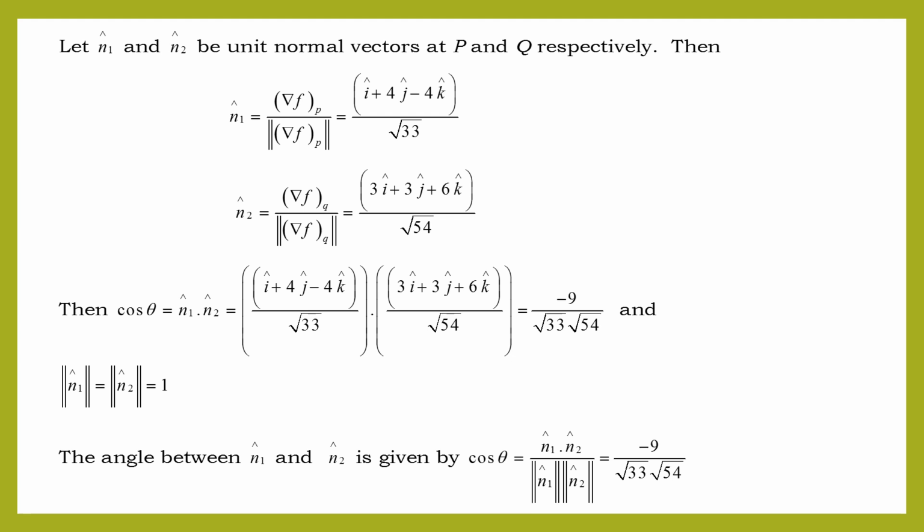Here θ is the angle between n1 and n2. If we find the value of cos θ = n1 · n2 by norm n1 norm n2, we get cos θ = −9 upon root 33 times root 54. Thus, we can find the angle between normals also.